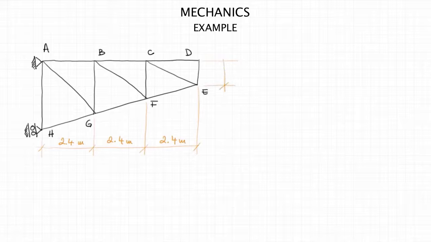Member DE at the right end of the truss is 2 meters tall, and member AH at the left end of the truss is 5 meters.